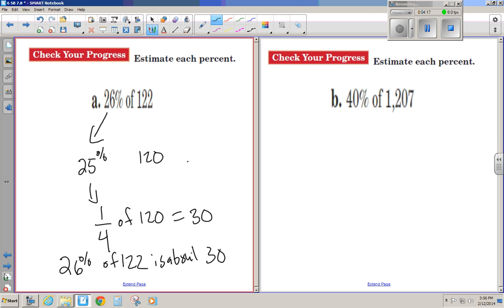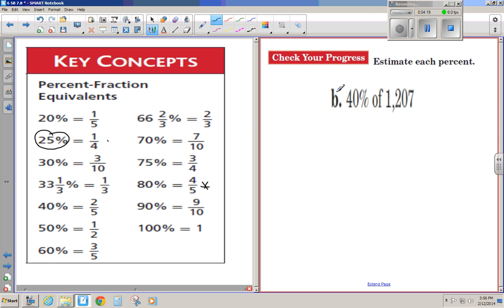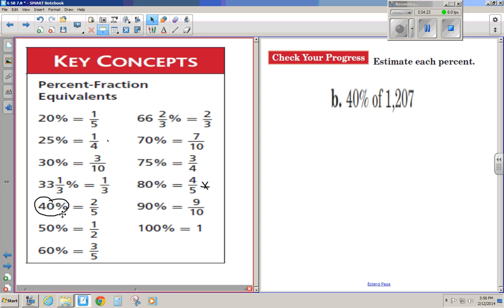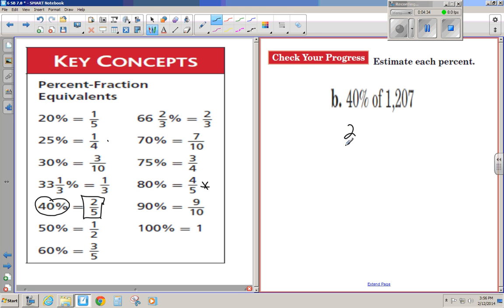40% of 1,207. Well, this time 40% is right here, and we're dealing with 2/5. So 40% is 2/5.